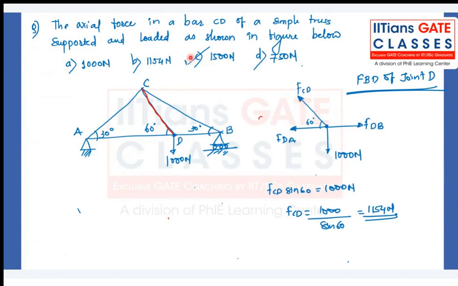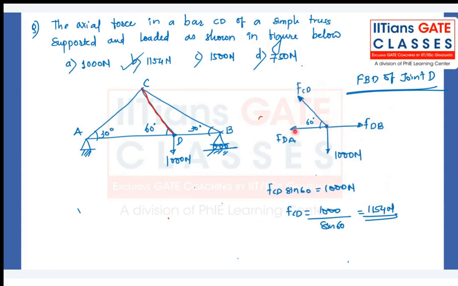The answer is 1154. And we have the force in the member CD, which is at 60 degrees. Is it clear now, Nima, how the free body diagram is drawn? Any doubt till this? And then I am resolving this FCD into two components, a vertical component and a horizontal component.